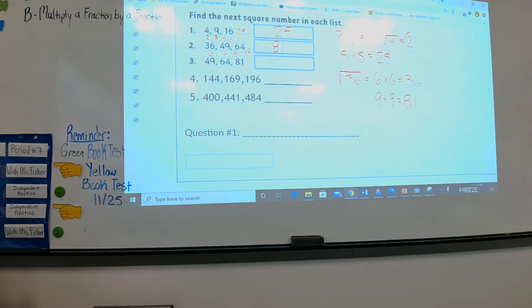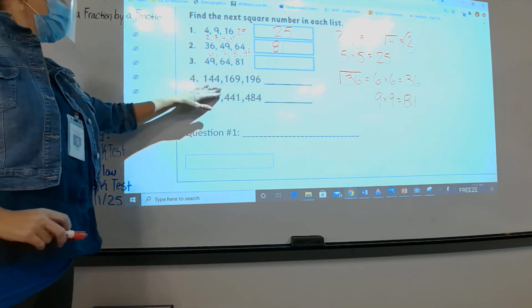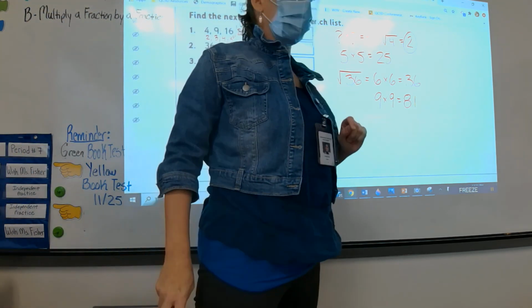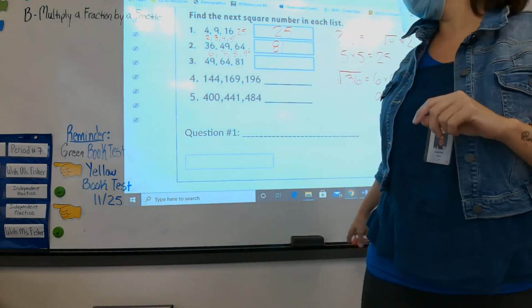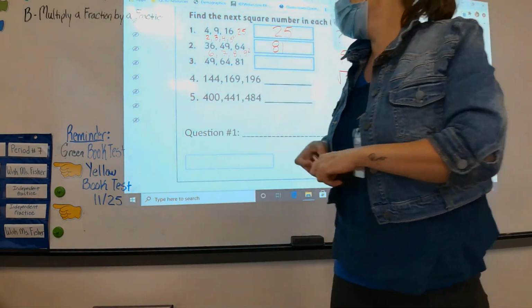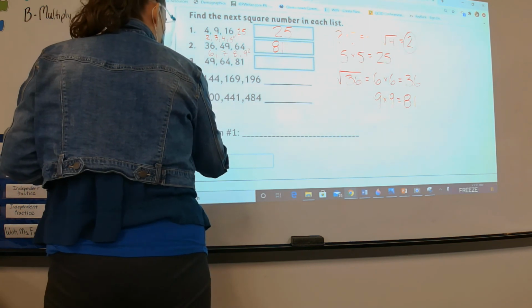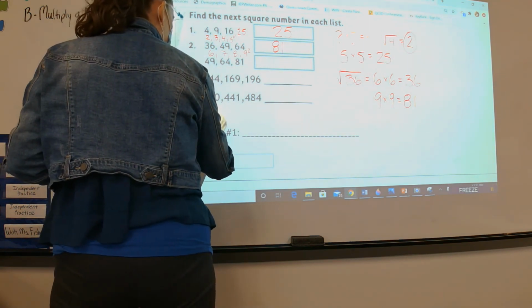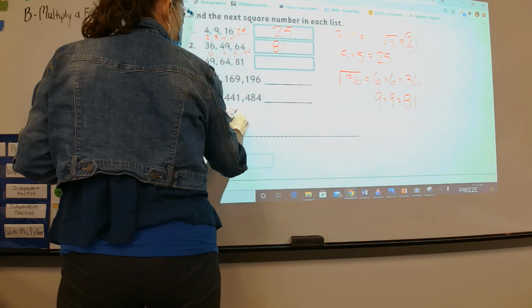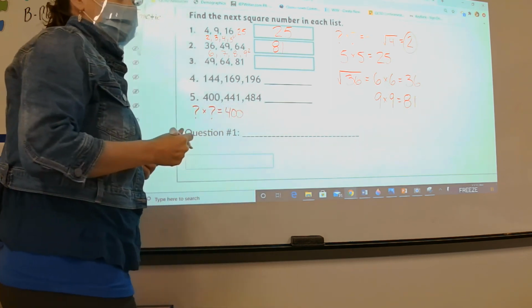Let's look. Number 5. So, how did we do the previous one? What's your first step? You gotta figure out what times what gave you 400. And the what times what has to be the same number.